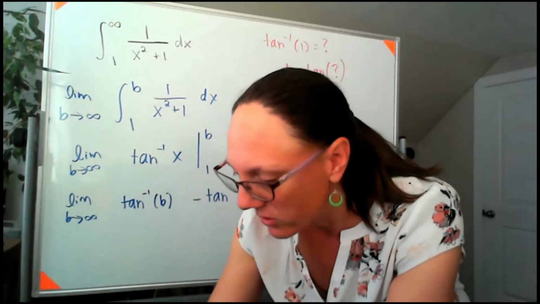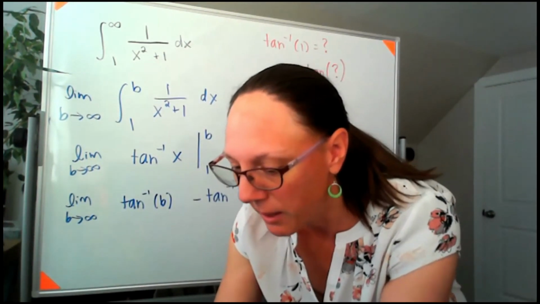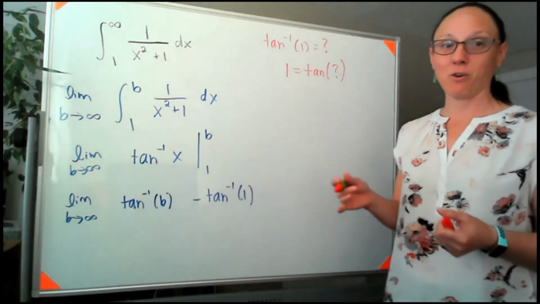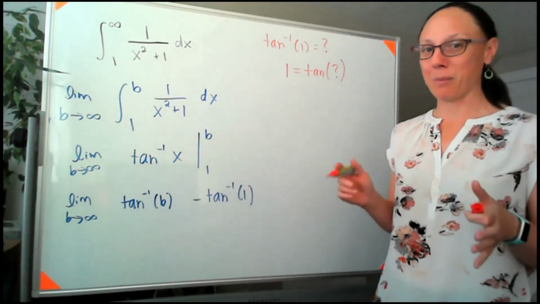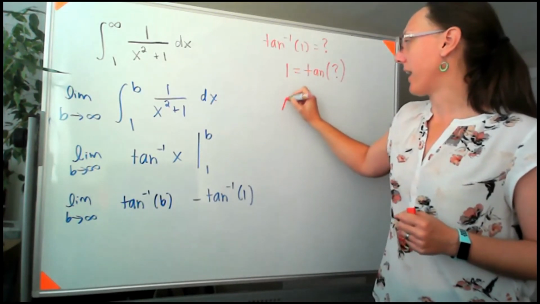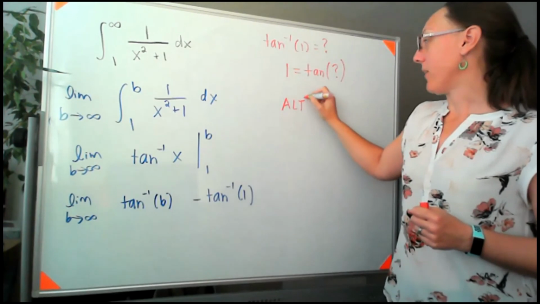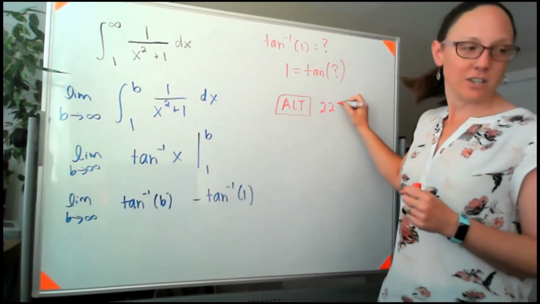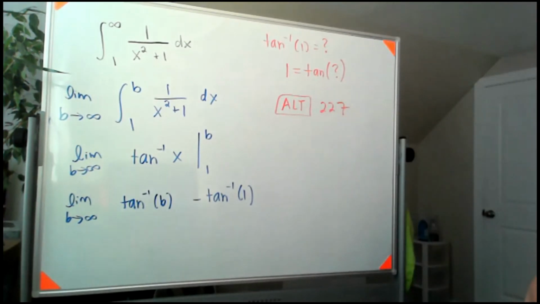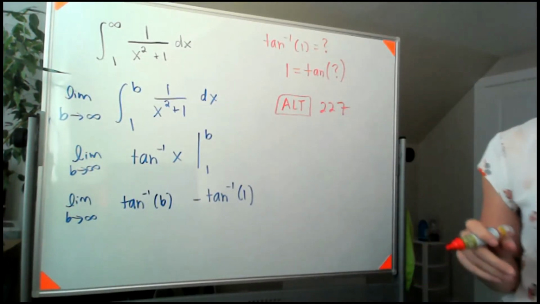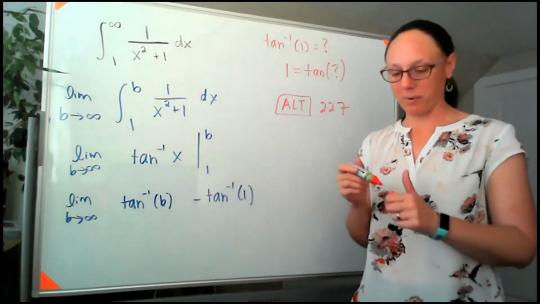I'm looking at alt 227. Yep. Pi over 4. There you go. If you want to type a pi and you're on a computer, hold down alt, and then type 227. Is that what I said? Yes, alt 227 gets you a pi.